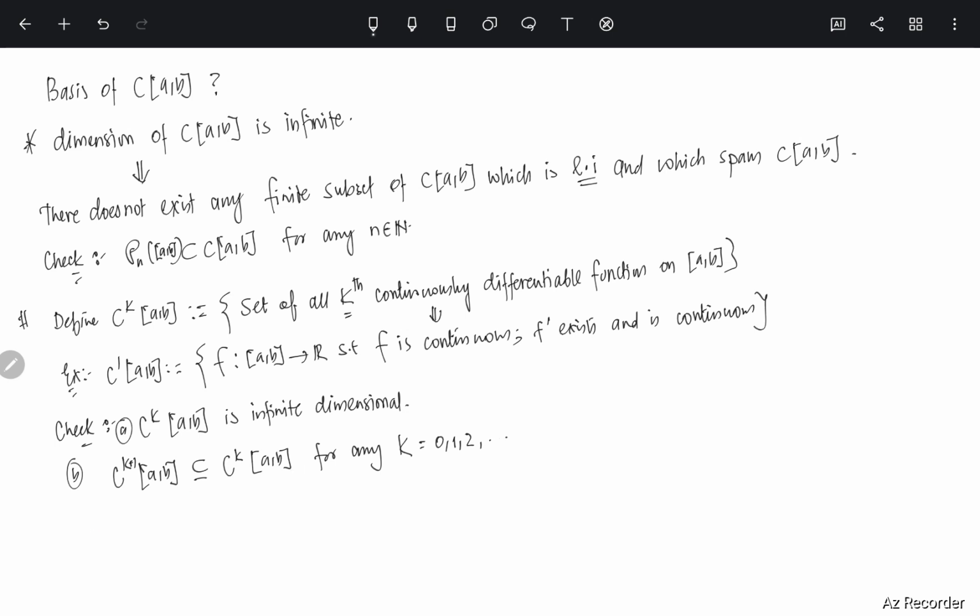Because if the k-th derivative exists and is continuous, then the (k-1)-th derivative also exists and is continuous. So basically one is included in another.